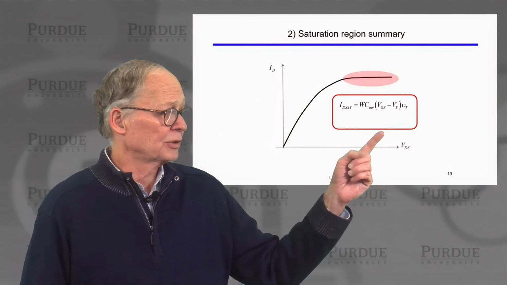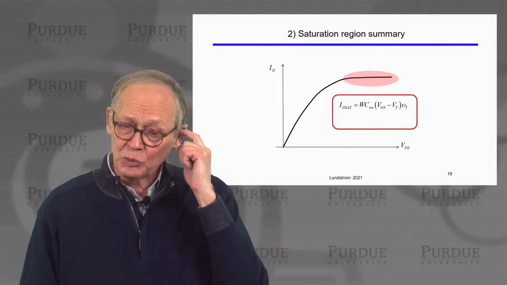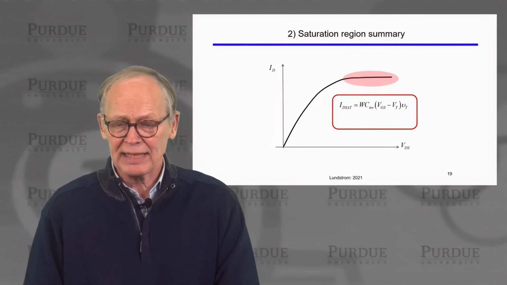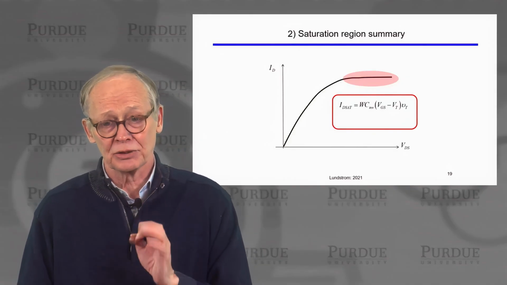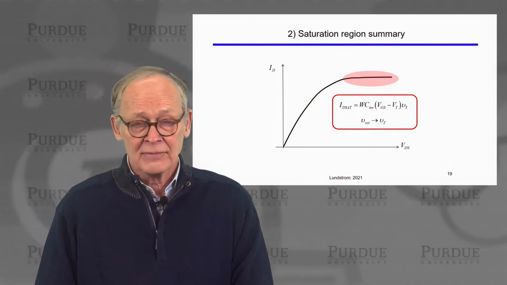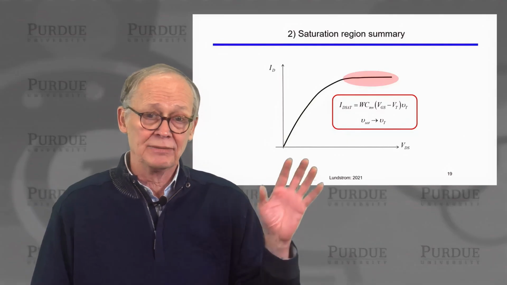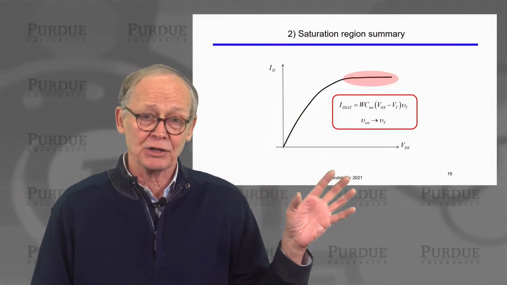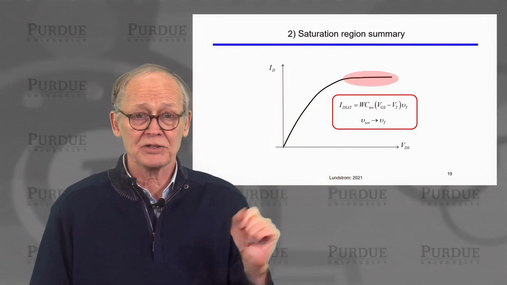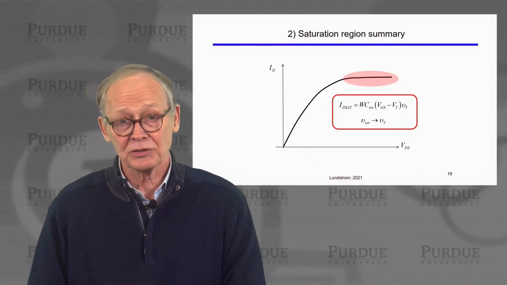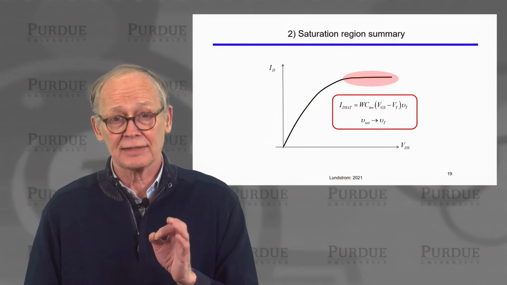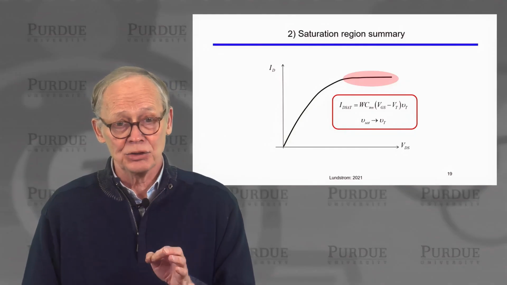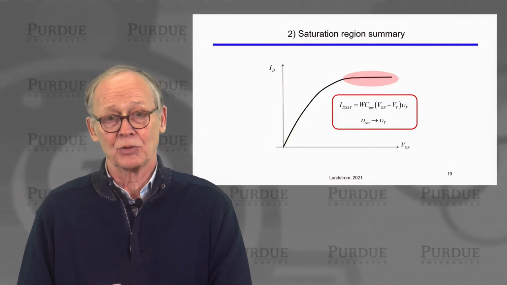So we have our result: the saturated current is width times inversion gate capacitance times (VGS minus VT) times the unidirectional thermal velocity. So we can very simply adapt our traditional velocity saturation model to the ballistic MOSFET by simply replacing the high field saturation velocity for electrons by the unidirectional thermal velocity for electrons.